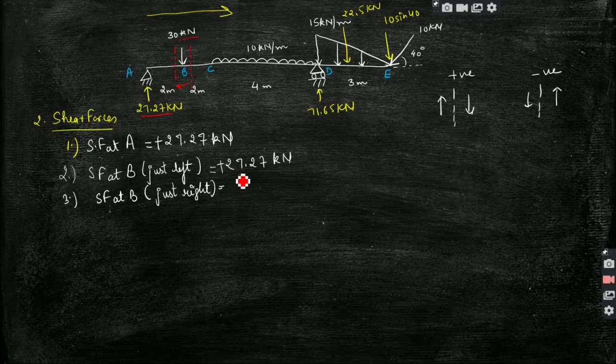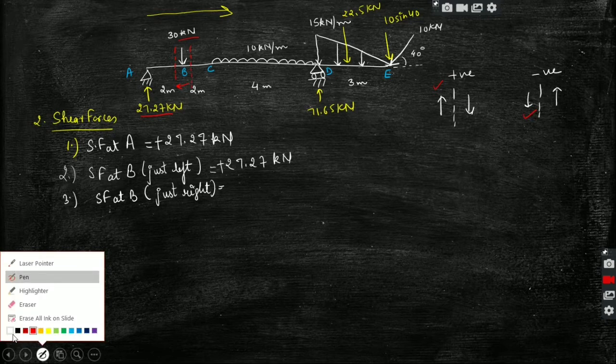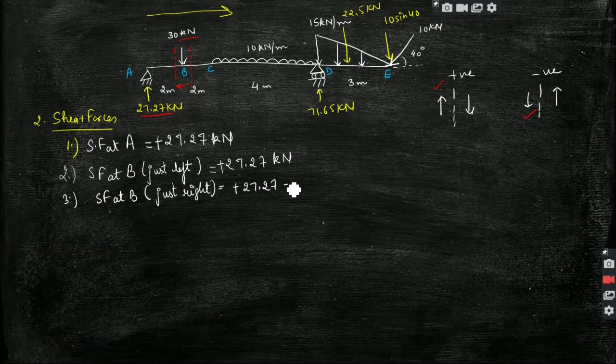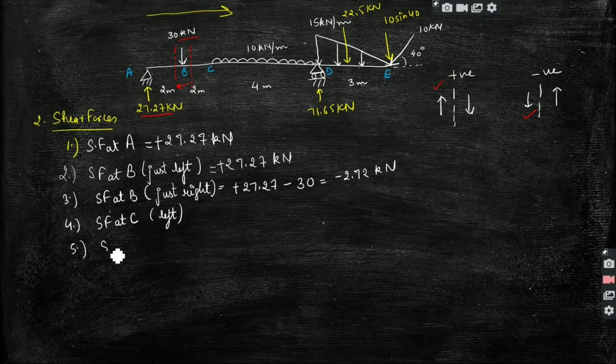So 27.27 is upward on the left hand side, we will take it positive, and 30 kilonewton is downward on the left hand side, we will take it negative. So plus 27.27 minus 30 will give us the shear force as minus 2.72 kilonewton, right? Then I will take a section at C, again on the left and then the right.